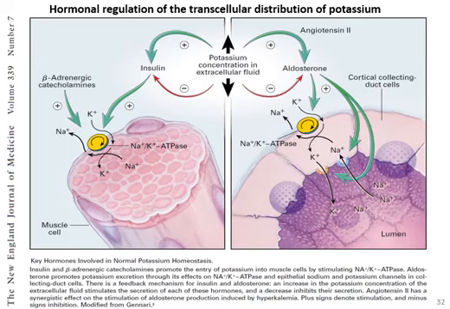The transcellular distribution and transport is influenced by catecholamines, insulin, and aldosterone. All of them act on the sodium-potassium ATPase, either directly or due to the ATP supply.